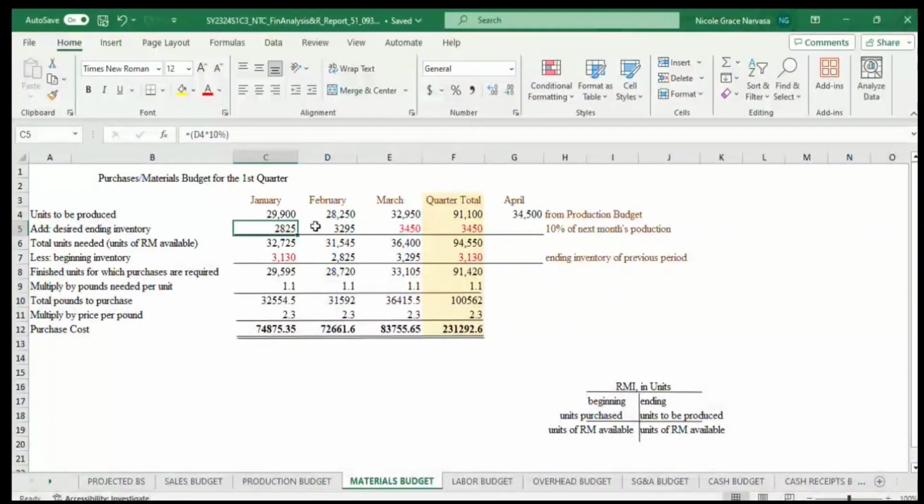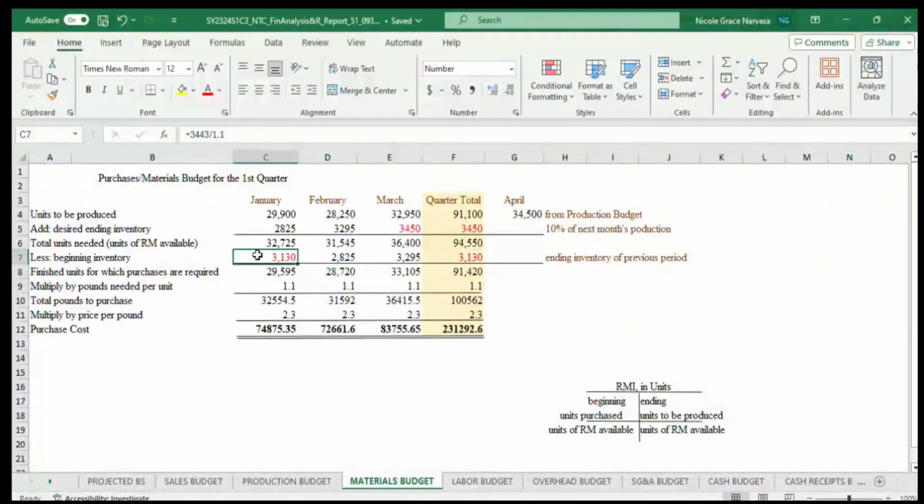So to get the total units needed, add 29,900 and 2,825, so that will be 32,725 for the month of January, and for the quarter total, it's 94,550. And next step is that we are going to subtract the beginning inventory, and this is just again an assumption.